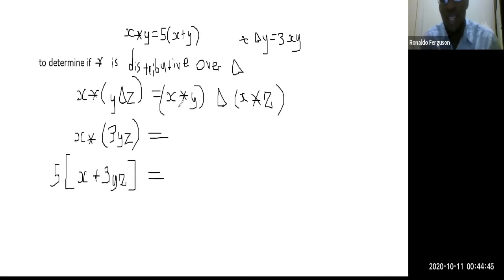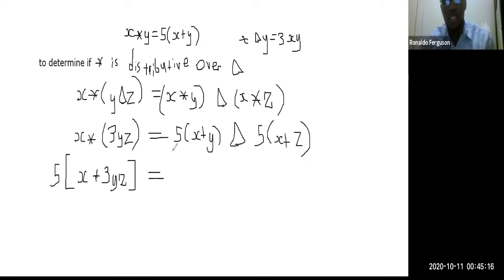Now the right hand side is going to be x star y delta x star z. Now what is x star y? X star y is 5 times x plus y. And then we're going to take delta of x star z. Now x star z is going to be 5 times x plus z.